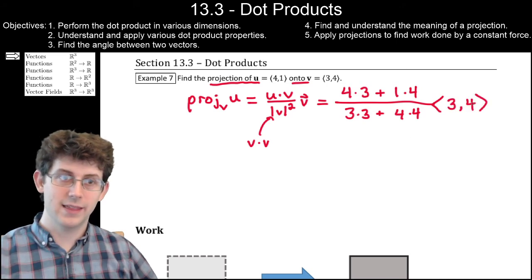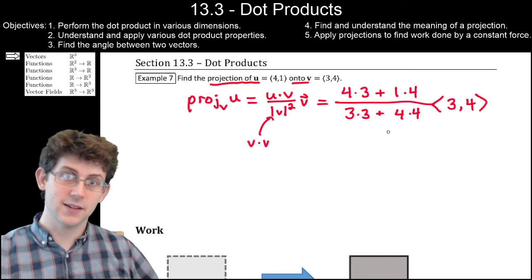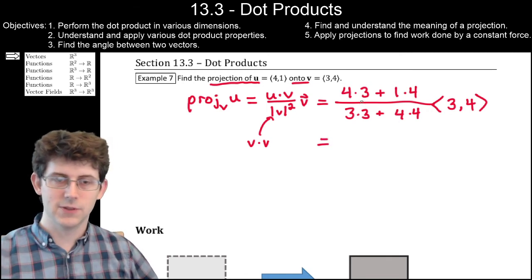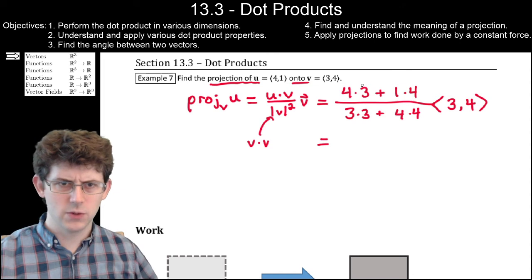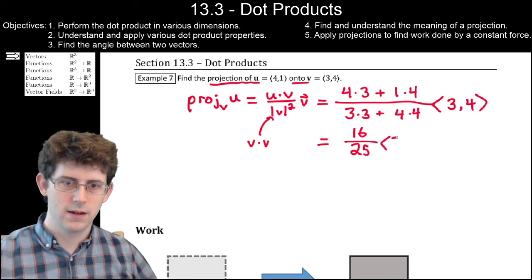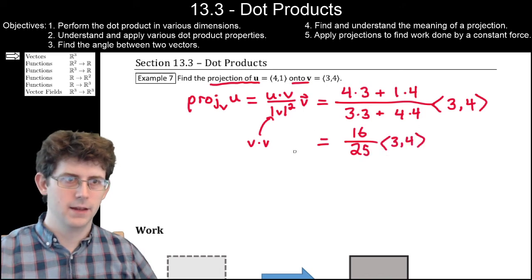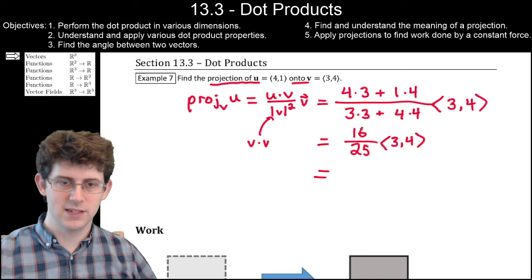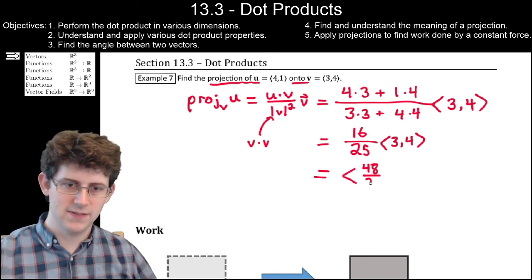So what we'll end up with is the vector v with a scalar multiple. Let's see what the scalar multiple comes out to. This is 12 plus 4, so that's 16. This is 9 plus 16 is 25. So the projection of u onto v, let me distribute this scalar in. We'll get 48 25ths and 64 25ths.